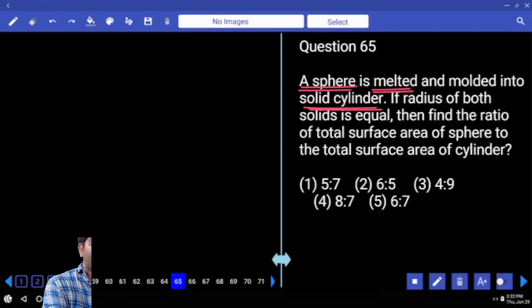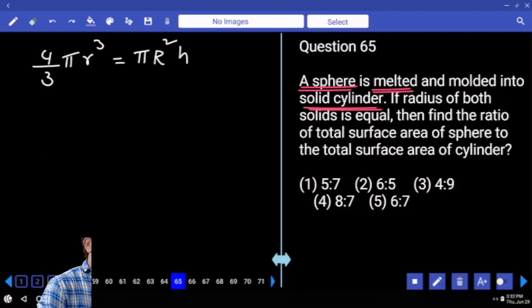Volume. Volume of the sphere 4/3 pi r cube, correct? That must be equal to volume of the cylinder, pi R square h.